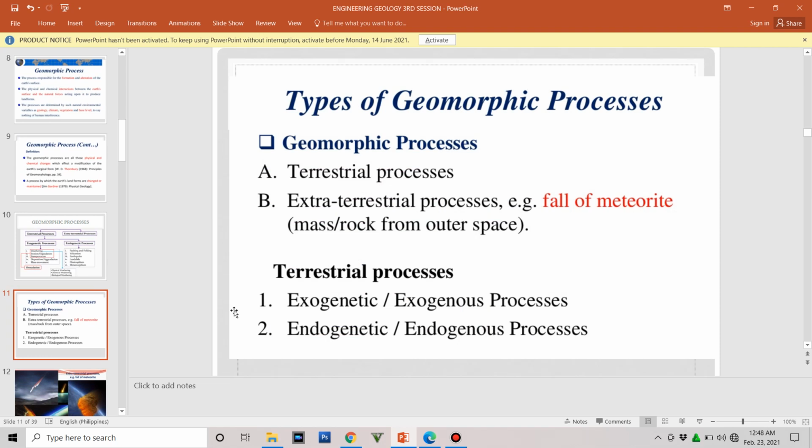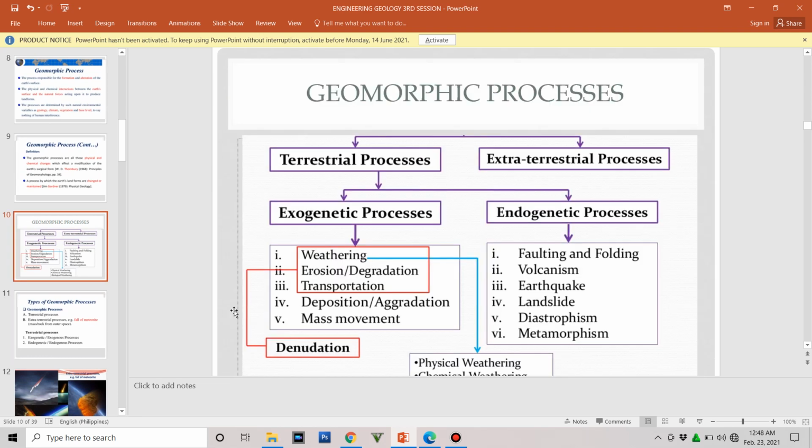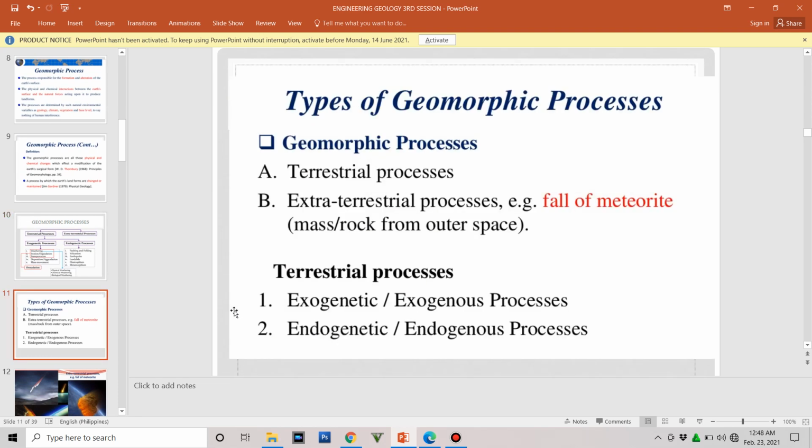So, types of geomorphic processes. From the diagram, we have terrestrial and extraterrestrial. As an example of extraterrestrial, we have the fall of a meteorite, a mass or rock from outer space. And for the terrestrial process, we have the exogenetic and endogenetic.